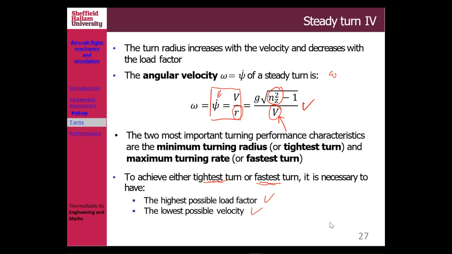As we know, increasing to 60 degrees, you have already doubled your g load or g-force. Then what you could do is slow down your aircraft. So you make quite a turn by simply slowing down.